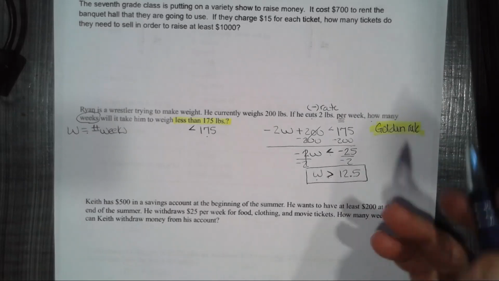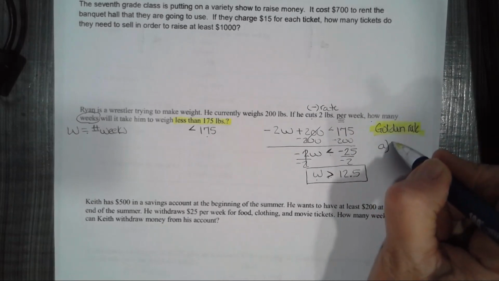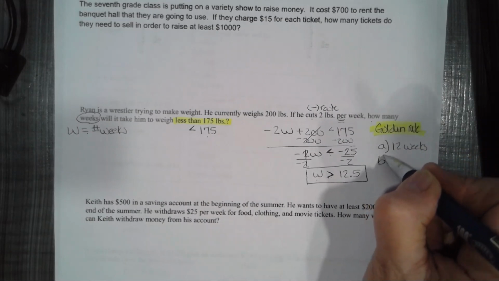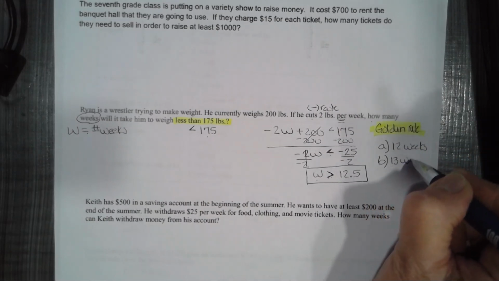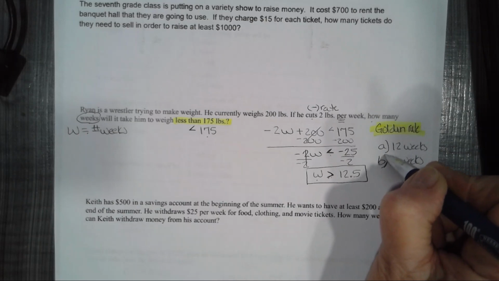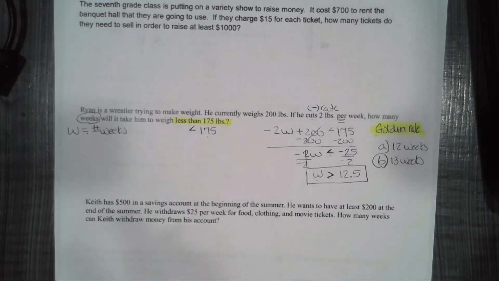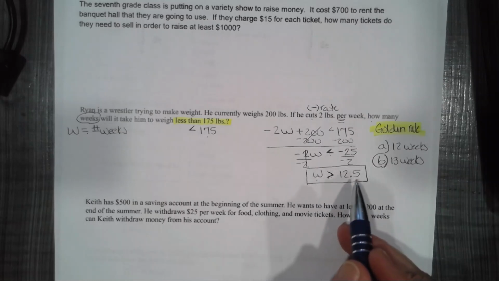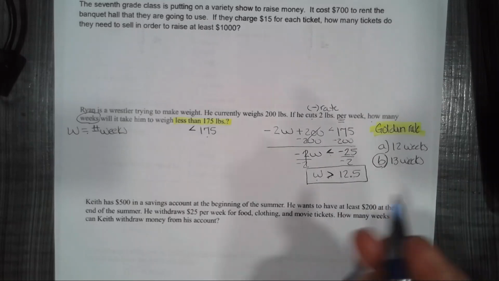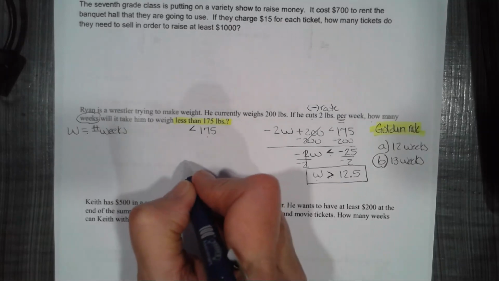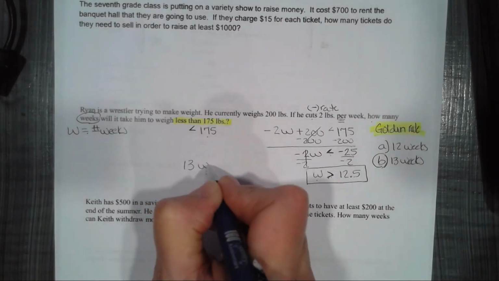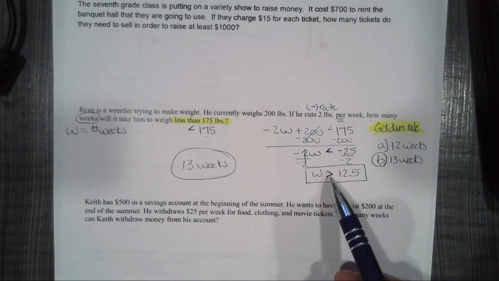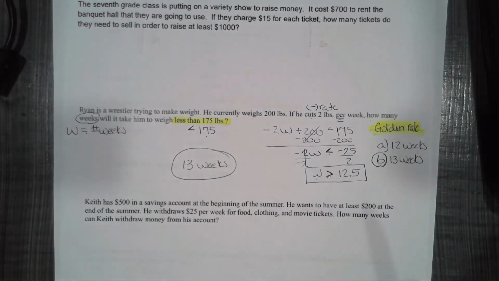So again, on a multiple choice test, if they had 12 weeks and they had 13 weeks as your answer, you would want to choose 13 weeks because we're looking for the number of weeks greater than 12.5. Okay, so your answer here would be 13 weeks. So again, just be careful that you understand what the inequality means. All right.